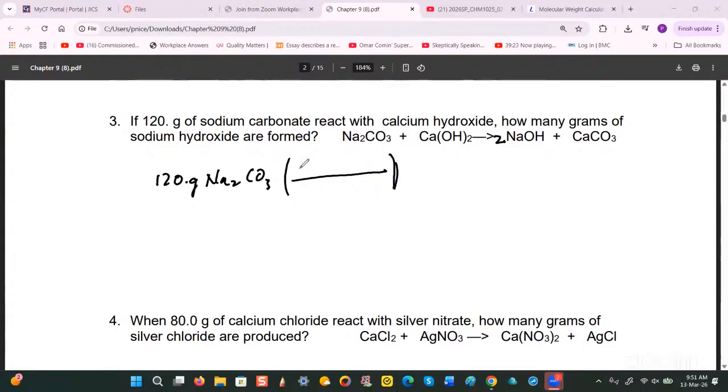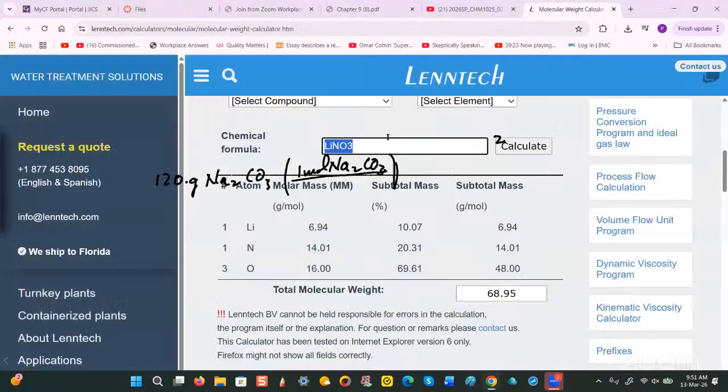1 mole of sodium carbonate will go above, and below would be the molar mass. So let me do that molar mass calculator again. So Na2CO3, 105.99 is the molar mass, and that goes here. 105.99 grams of Na2CO3.